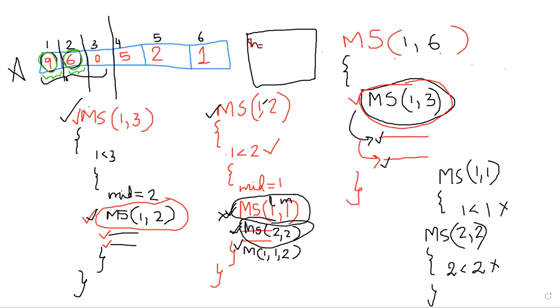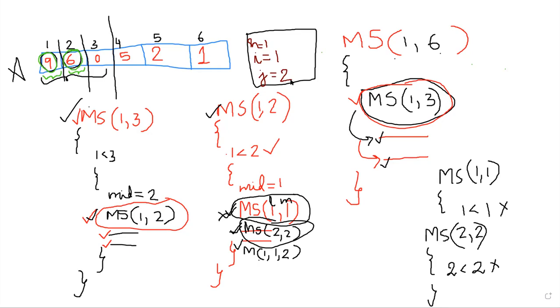Another variable i is used, and that is also low, so that is 1. And we have another variable j, and the value of j is mid plus 1. What is mid value here? It is 1. So 1 plus 1 is 2. Clear? So three variables are used: h, i, j. So h is low, that is 1. i is low, that is 1. j is mid plus 1, so j is 2.